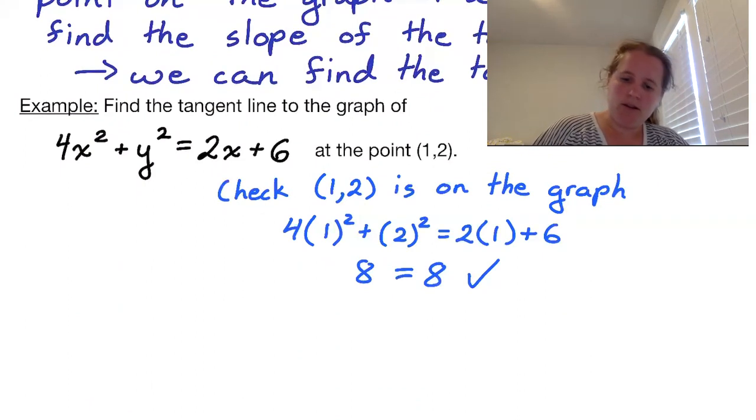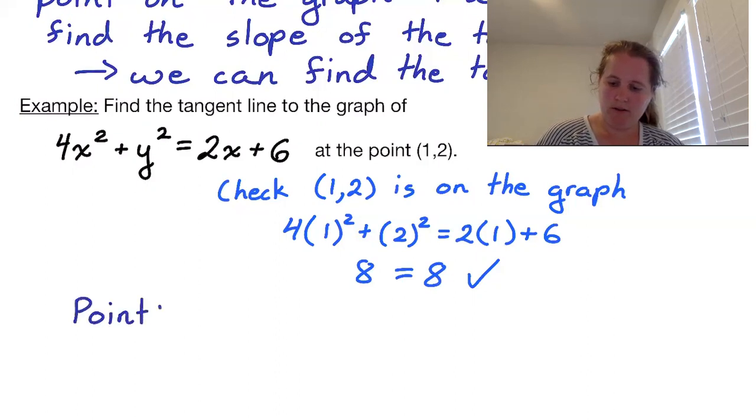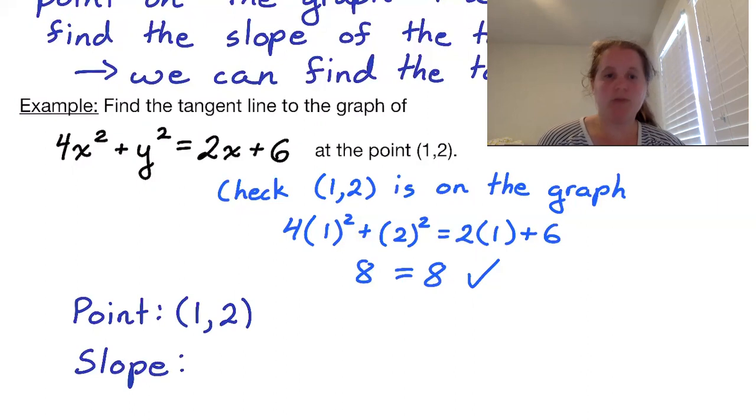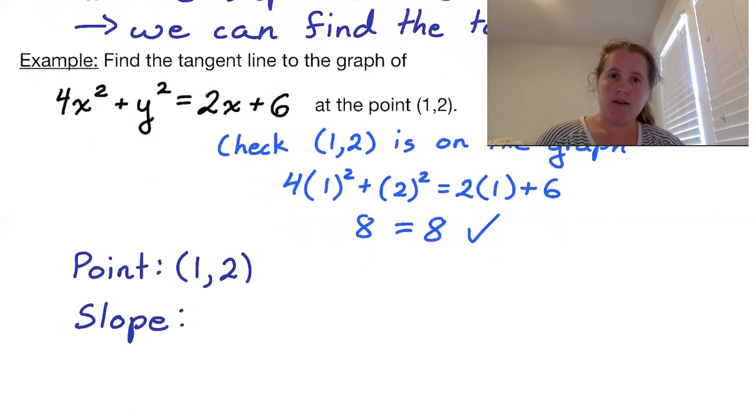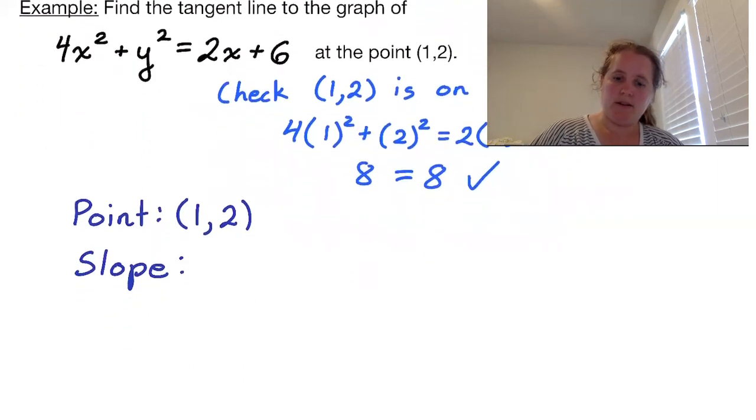So now we need to find the slope. We have our point, which is 1, 2. To find our slope, we need to first take the derivative. So again, we're going to take the derivative with respect to x of both sides.